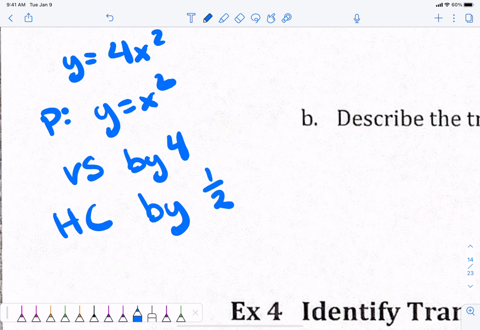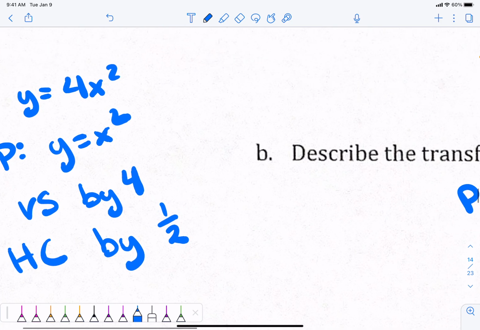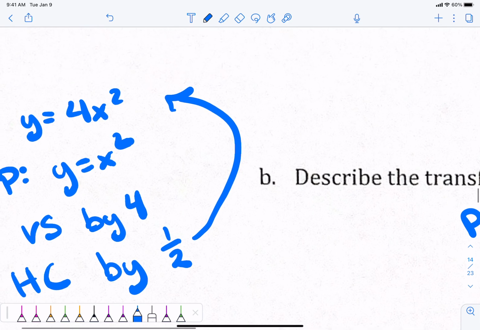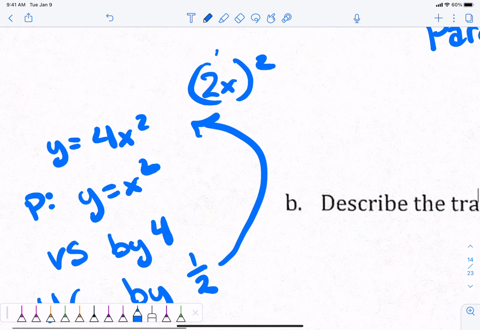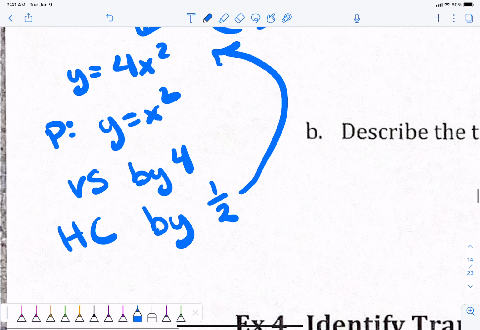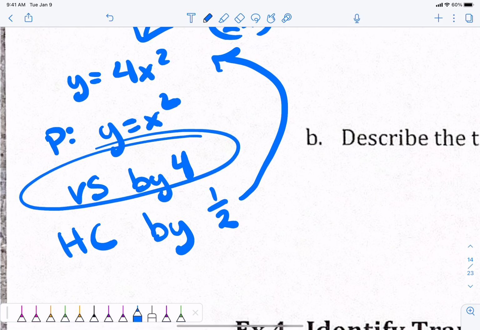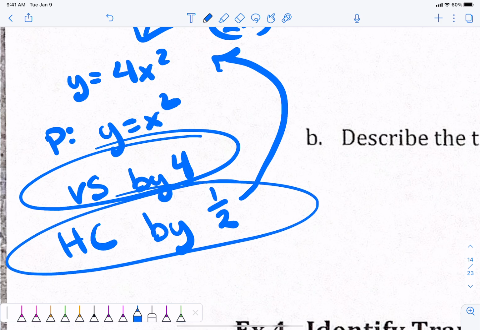It's technically a horizontal compression by 1/2, because when it's a horizontal compression by 1/2, you plug it in and you make it 2 when you plug it in, but it looks like this when you plug it in. Isn't (2x) squared in parentheses the same thing as 4x squared? Yeah. So for a nonlinear function, or for a quadratic function, a vertical stretch by 4 is not the same thing as a horizontal compression by 1/4.